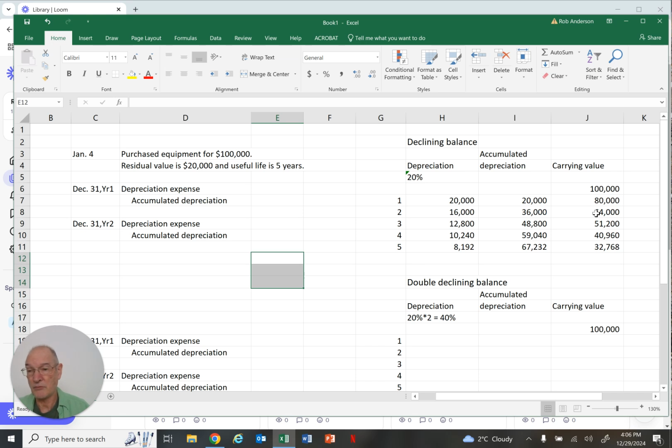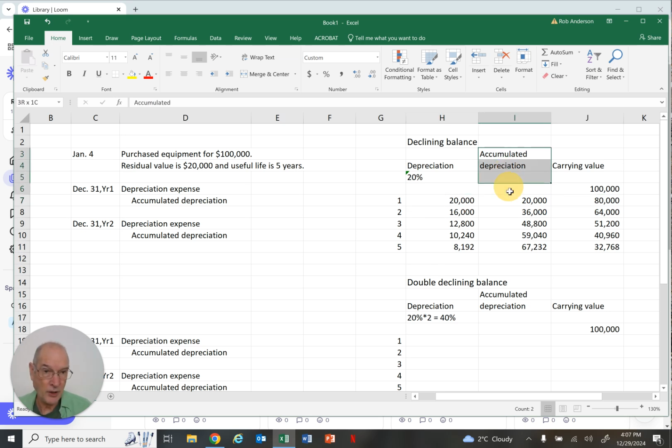Make sure you can do it easily enough. So we start with our carrying value of 100, and our depreciation expense is based on 20% of that carrying value. So of course the first year is easy. It's purchased on January 4. It's a full year, therefore, and 100,000 times 20% is 20,000.